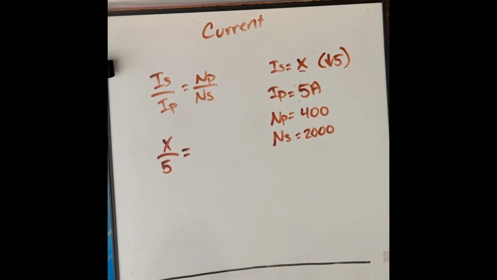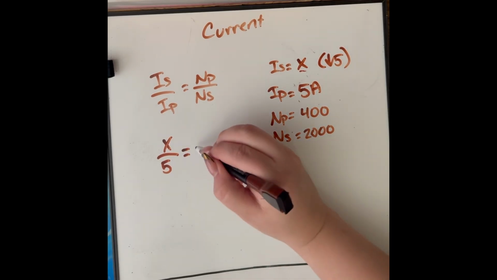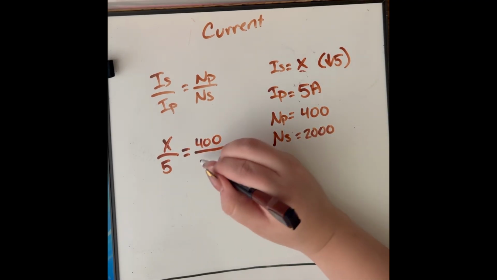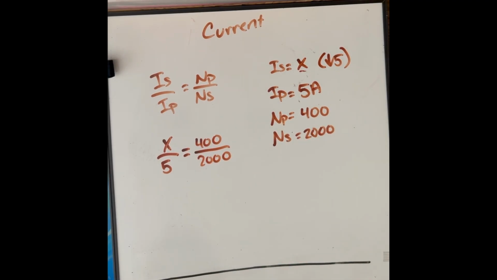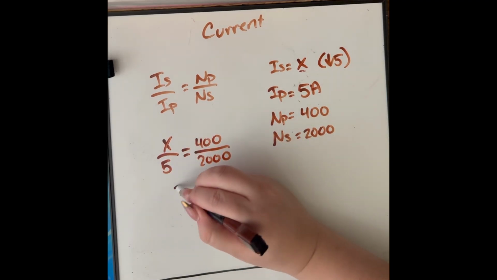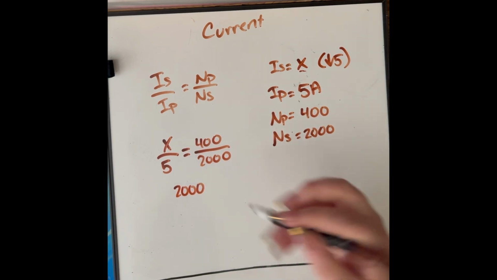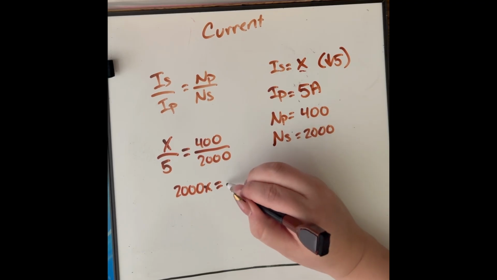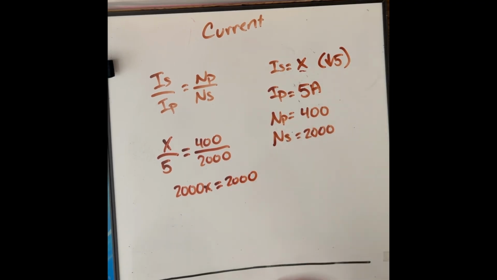The number of primary windings I have is 400, and the number of secondary windings I have is 2,000. So let's see if we did it. 2,000x equals 5 times 400, which is also 2,000. Right?